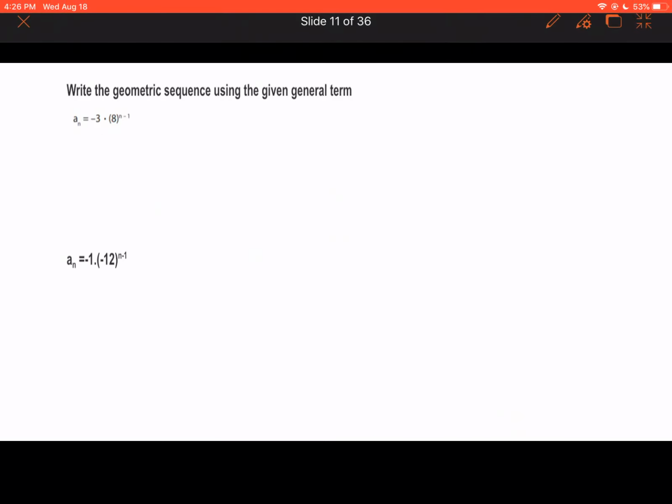Now write the geometric sequence using the given general term. They were given the general term, and now we are supposed to identify the geometric sequence. It's very simple.